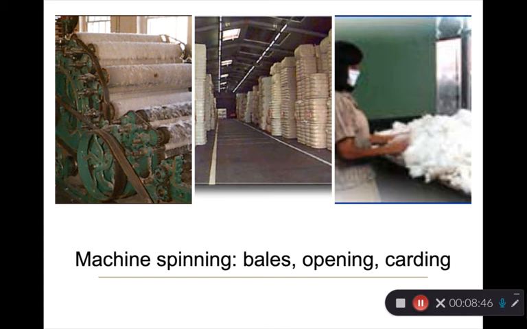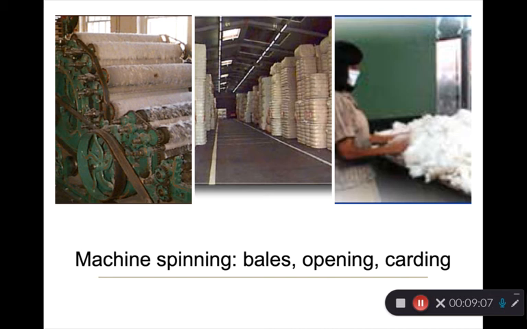It begins with what we call opening bales of fiber. That's what you see on the right here. It is taking the bales that you see in the middle and loosening them, starting to clean them a little more, and blending the fibers for more uniformity along their length, to make sure that they're mixed and uniform.